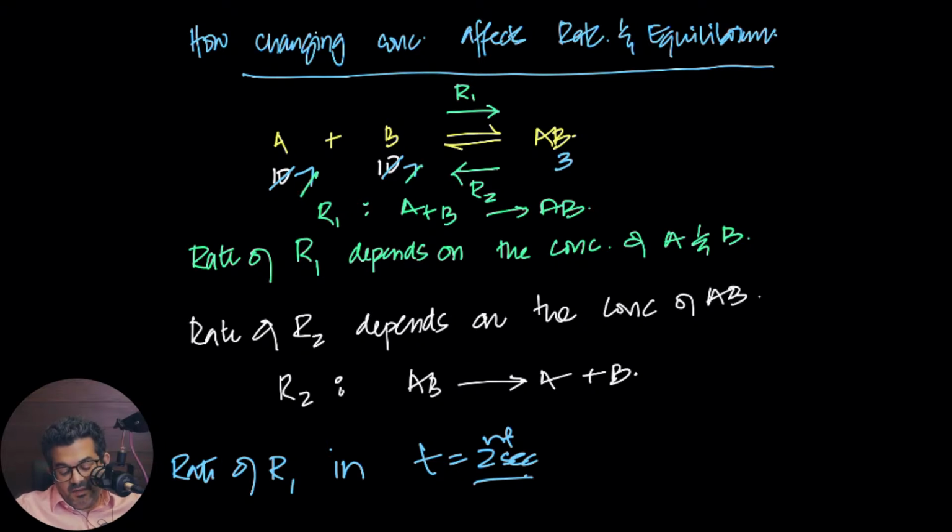Now let's talk about the backward reaction. In the first second, there was no AB, so the backward reaction was nothing. There was zero. Literally in the first moment, the rate of the backward reaction was zero. Nothing. Nada. Then now you have 3 of AB.